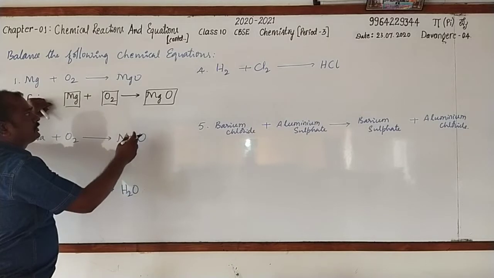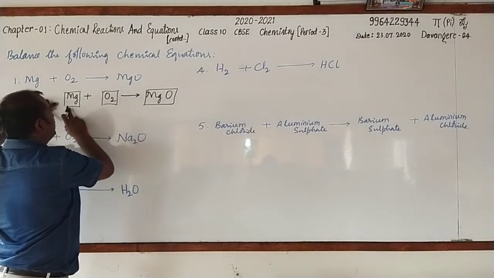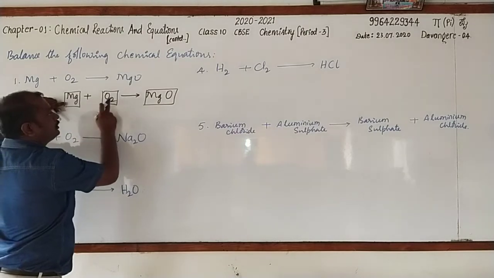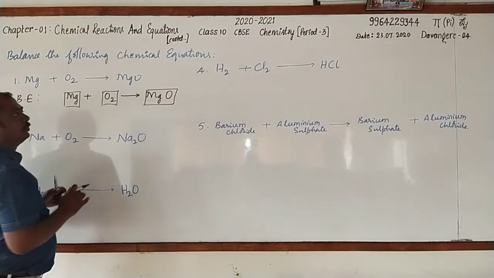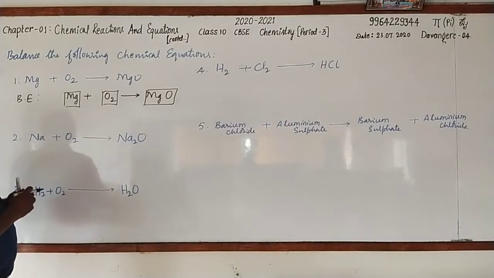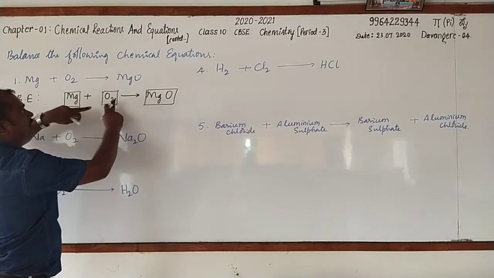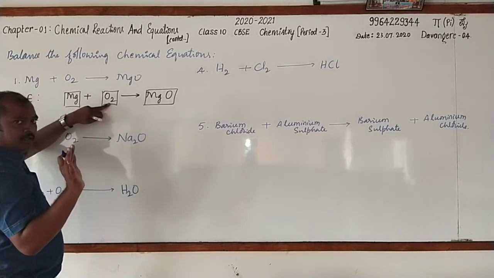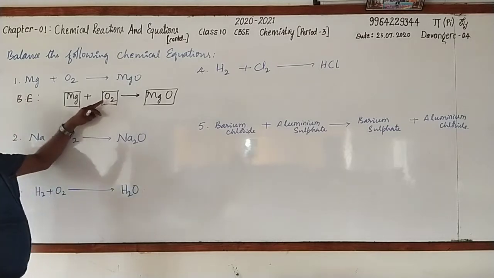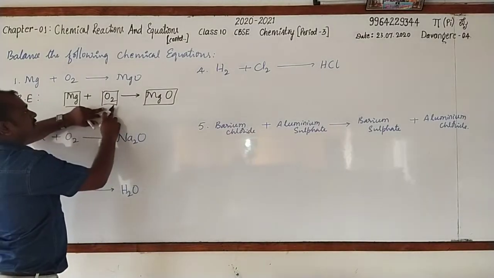First you have to take the compound having the maximum number of atoms. Here Mg 1, oxygen 2; here in magnesium oxide, total also 2. First, which one will you balance? Here 1 atom of magnesium, here also 1 atom of magnesium. Here 2 atoms of oxygen, here only 1. Clear? First we take the compound having the maximum number of atoms, then the element having the maximum number of atoms.